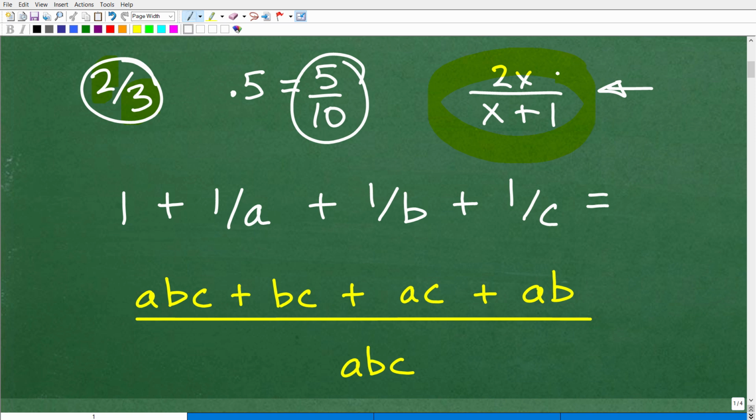We're talking about things that have a numerator and denominator that are polynomials. I don't want to get overly technical, but anytime you are dealing with fractions where there is a variable in the numerator and denominator, it's a good bet that you're dealing with a rational expression.